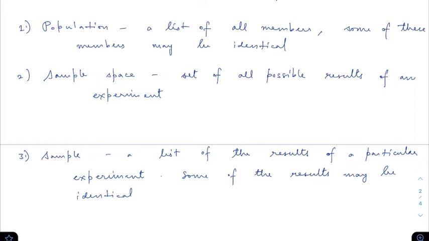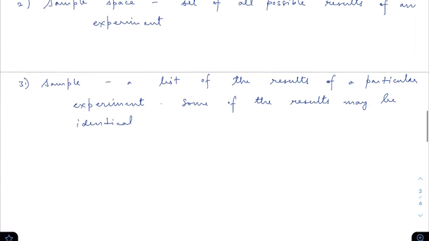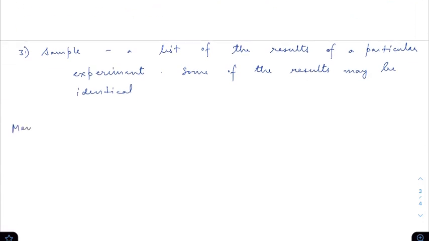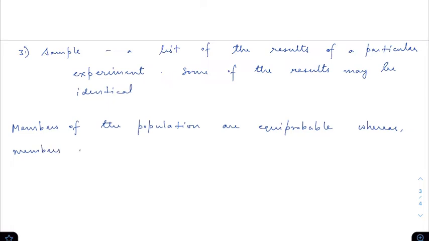So members of the population are equiprobable, whereas members of the sample space are not necessarily equiprobable.